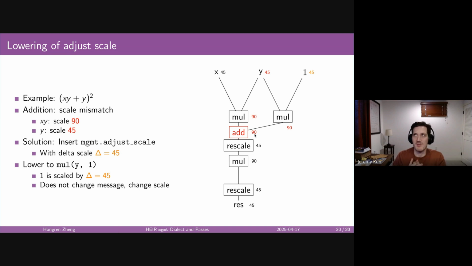And so I was just wondering if maybe there's extra information that you would have at the scheme dialect level that might allow you to prune away some of these scale adjustment operations. Because for example, it's a multiplication by a constant, right? Effectively, or I guess it's a plaintext, so it's not quite a constant, but yeah.